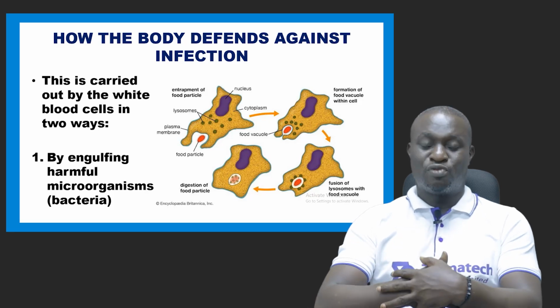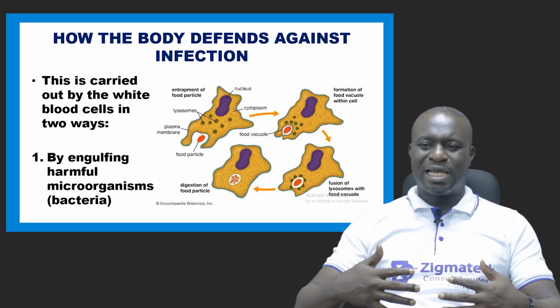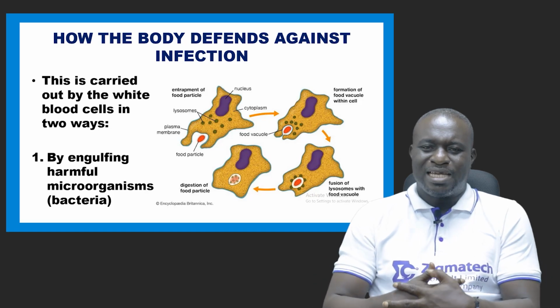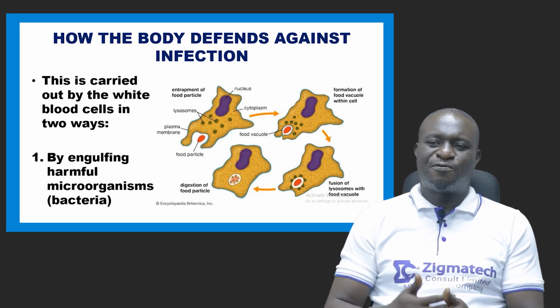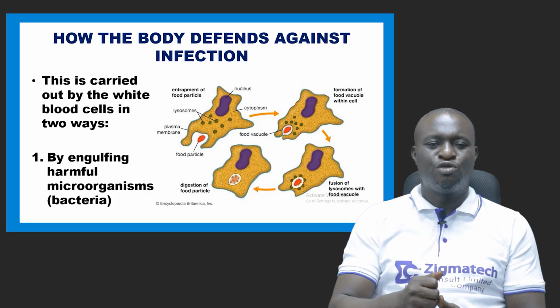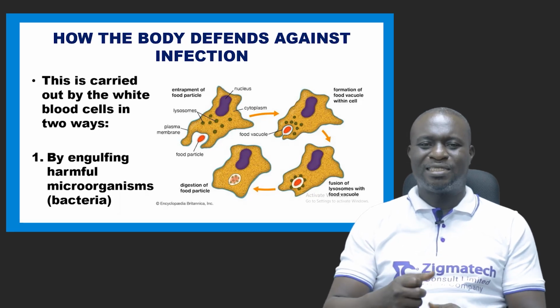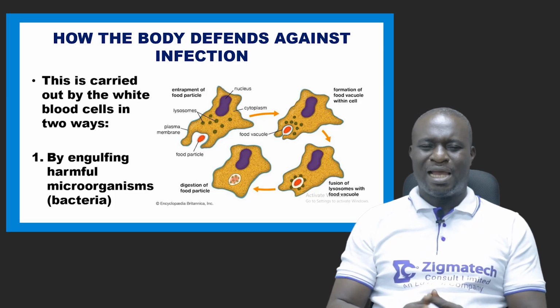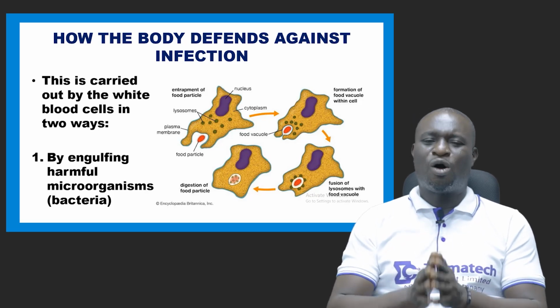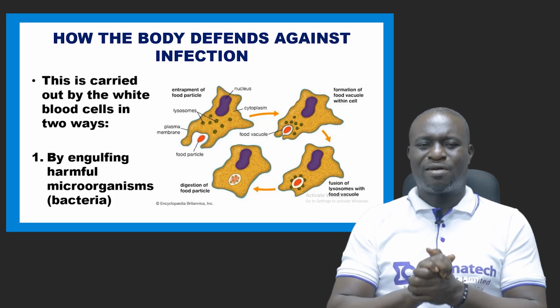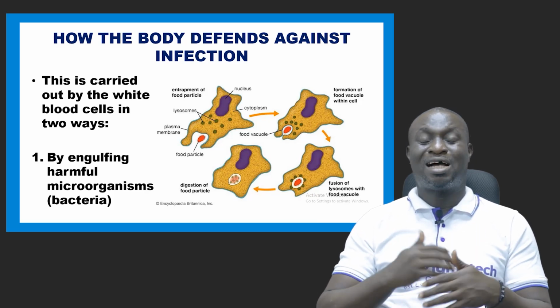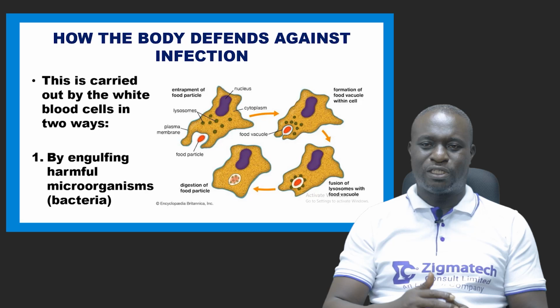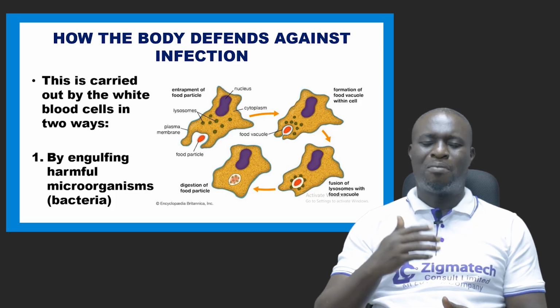In so doing, it engulfs it, takes it in, and then secretes a food vacuole that helps to produce digestive enzymes that will digest that particular food. In the same manner, the white blood cell defends the body against infection or microorganisms.